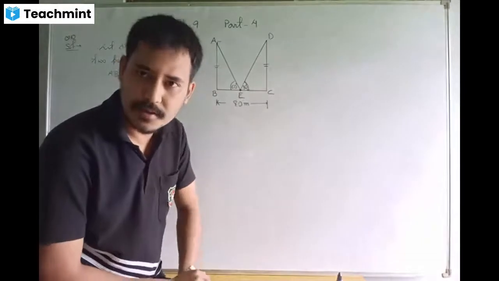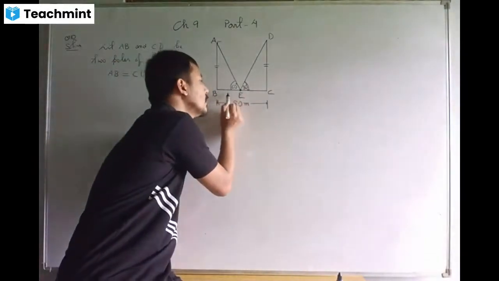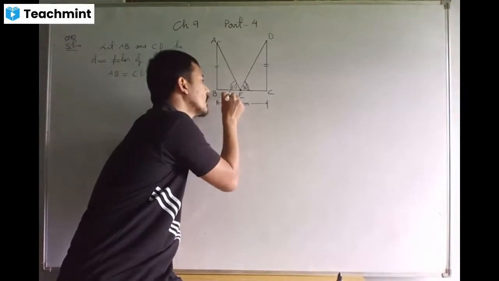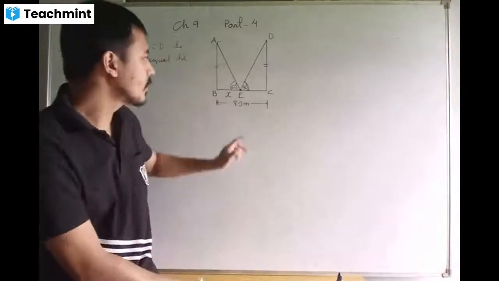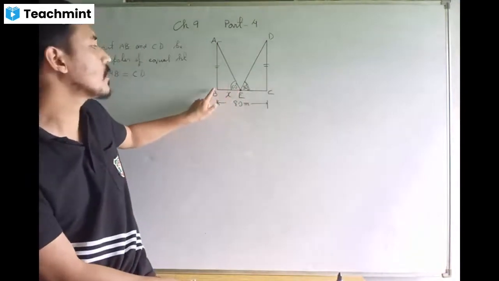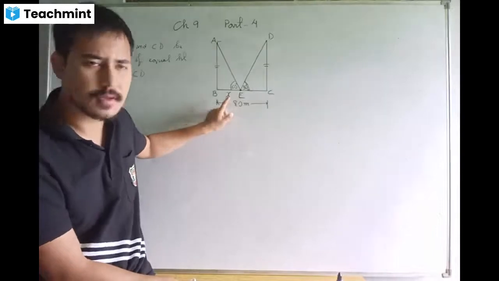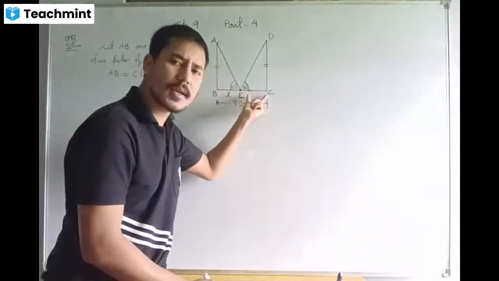So I'm going to do it like this. Let us take the length of BE to be X. X means the distance of point E from the first pole, BE. If I take BE to be X, then what would be the remaining length?